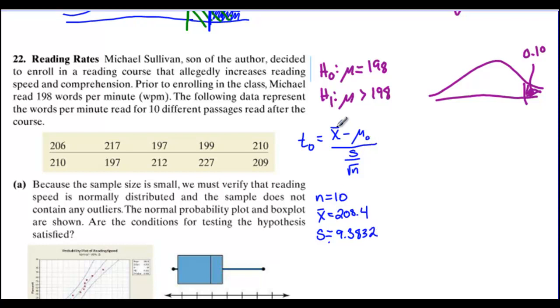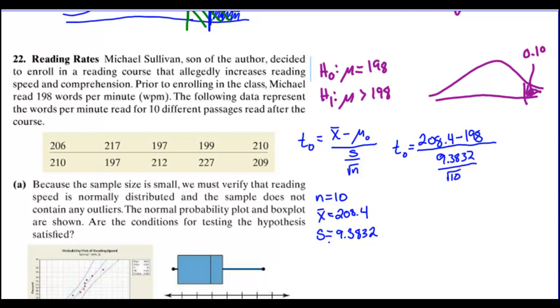So now we actually have enough information to go ahead and set this up. T0 is going to be 208.4 minus this mu naught, that's going to be the mean that we're using in the hypotheses, so minus 198, over 9.3832 divided by the square root of 10.